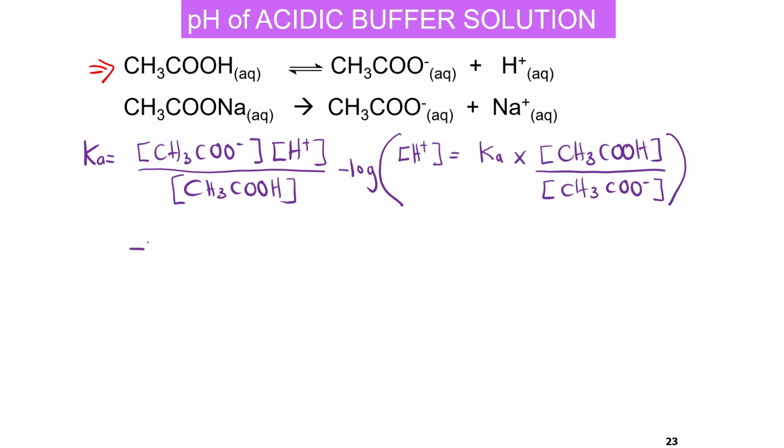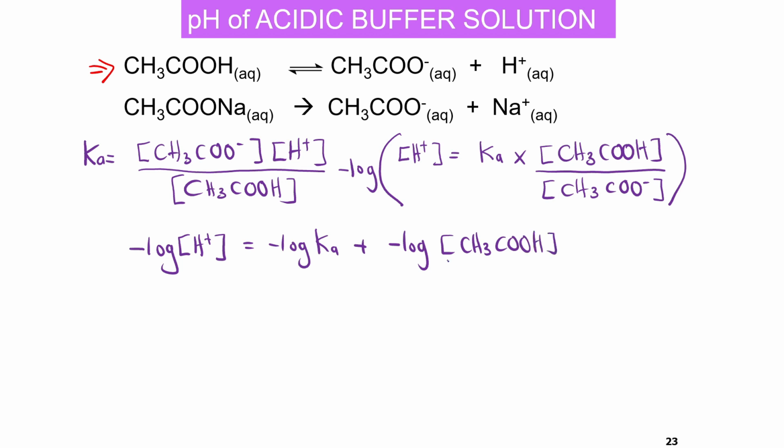Jadi dia akan jadi negative log concentration H plus equal to negative log Ka plus negative log concentration CH3COOH over concentration acetate COO minus. Negative log H plus is equal to pH. Negative log Ka is equal to pKa plus negative log.